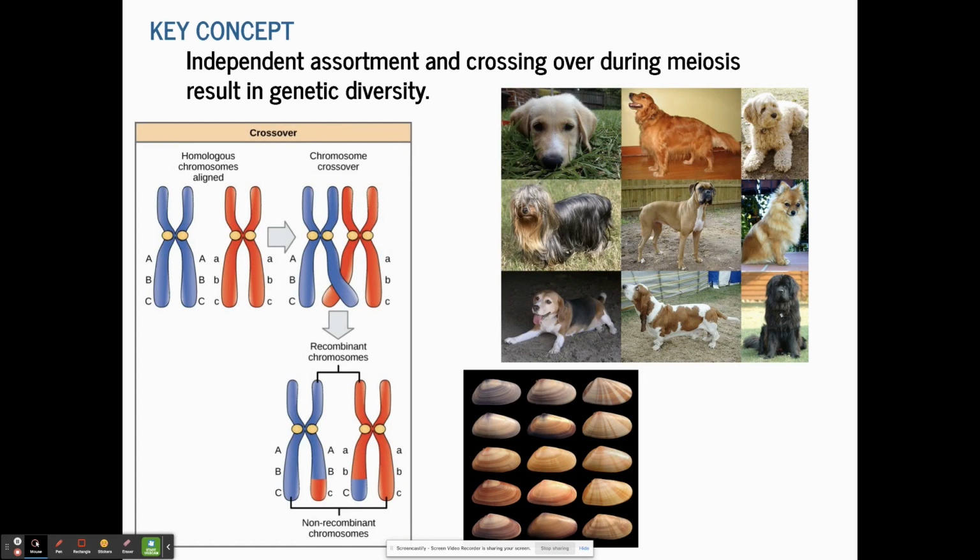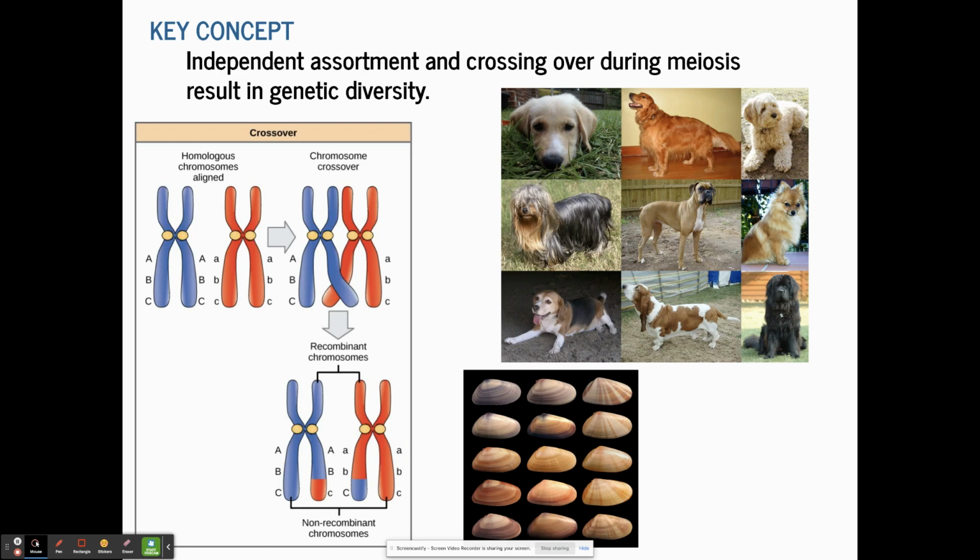All right, in our next section, we're going to talk about genetic variation and its importance. So the key concept is that independent assortment and crossing over during meiosis result in genetic diversity. So go ahead and take a look at these illustrations. So we see the dog, we see these clamshells.